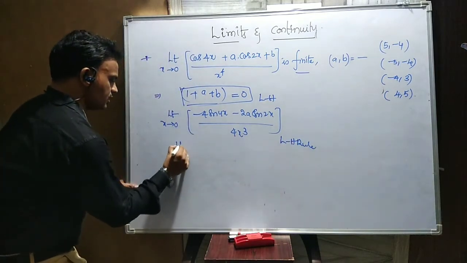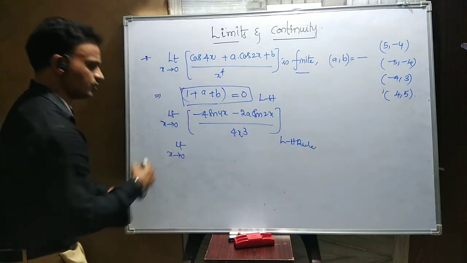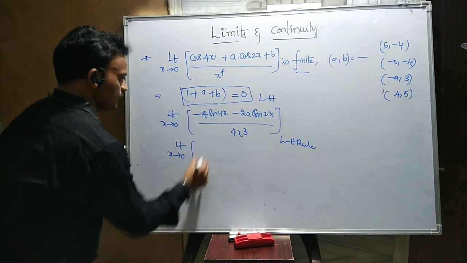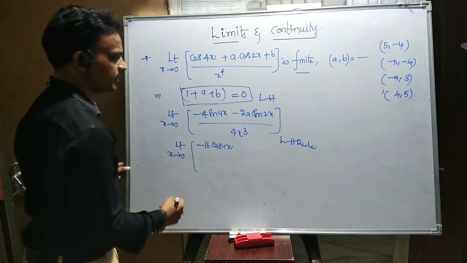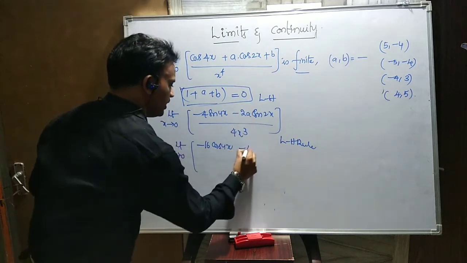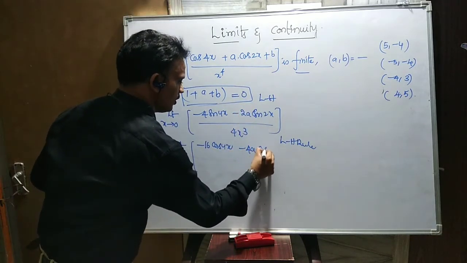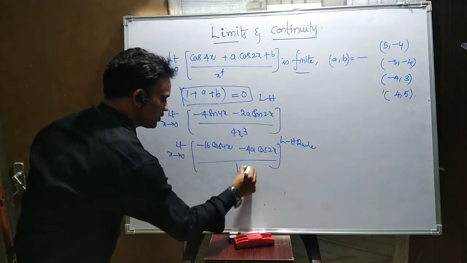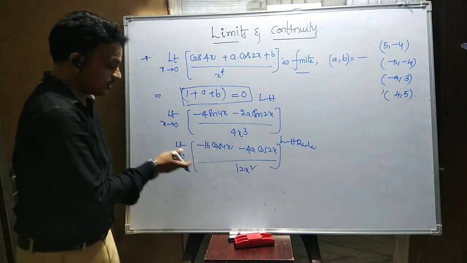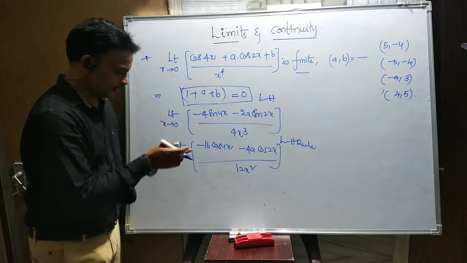Yes, which is limit x tends to 0. Okay, come on, which is minus 16 cos 4x minus 4a cos 2x by 12x^2. Now in this step, please apply the limit.